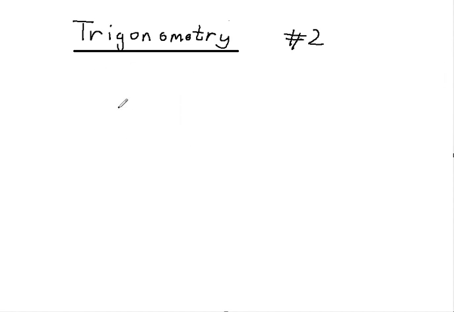The last concept we're going to be looking at is using the compound angle formulas more than once. So for example, if someone gave you something like sine 3 alpha, what we could do here is say that this is sine 2 alpha plus alpha, because if you remember correctly, there was no formula for sine alpha plus alpha plus alpha or sine alpha plus beta plus theta.